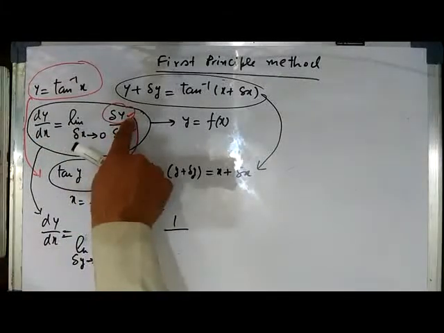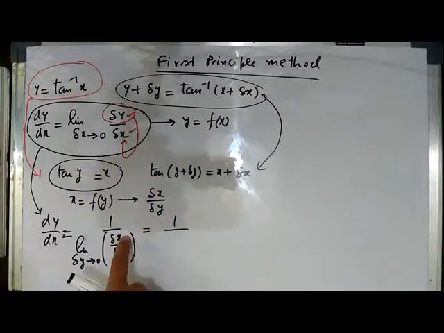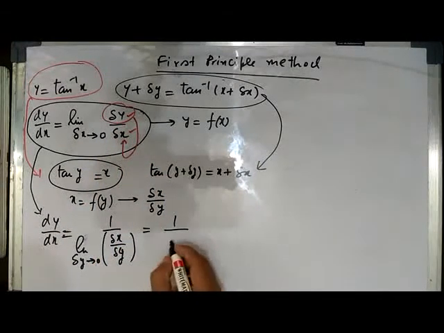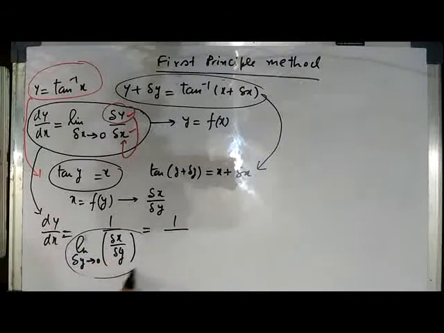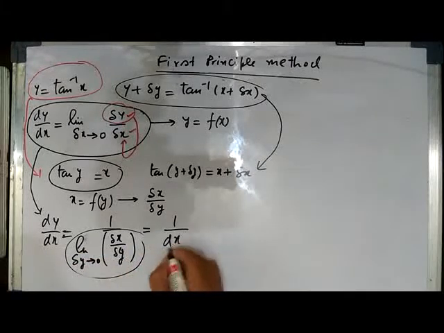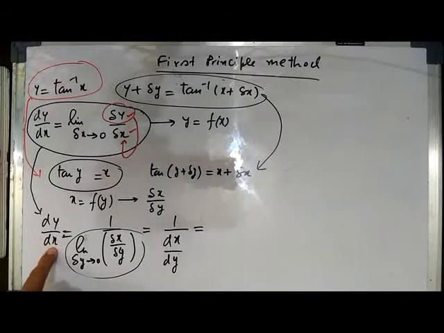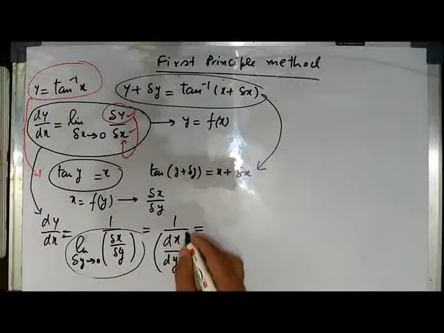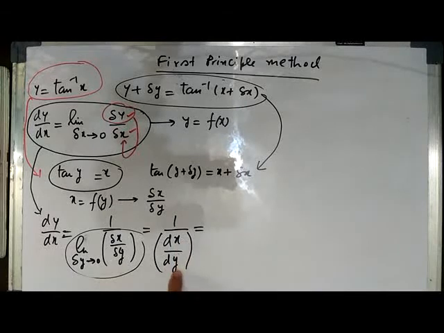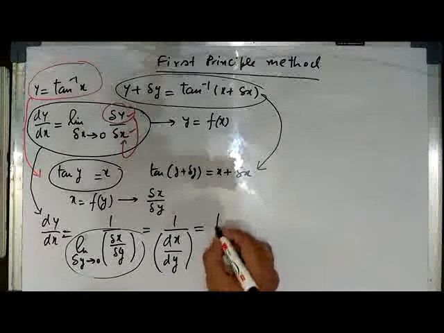There was delta y above and delta x below. Here delta x is above and delta y is below. So we may write this entire structure as dx/dy. That means the differential of y with respect to x is nothing but the reciprocal of the differential of x with respect to y. This concept will also help us in the differentiation of implicit functions.